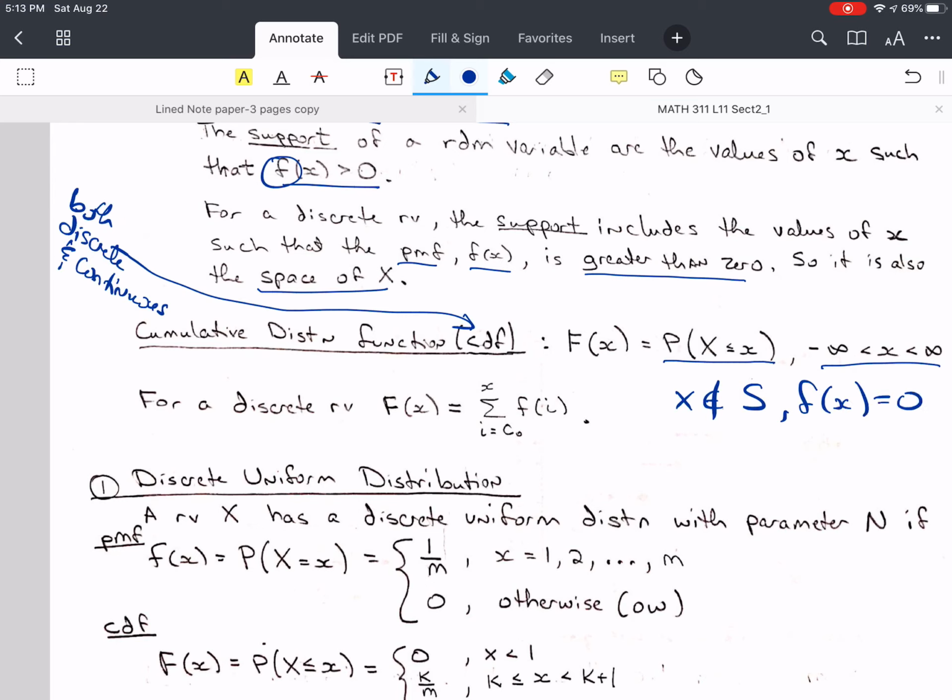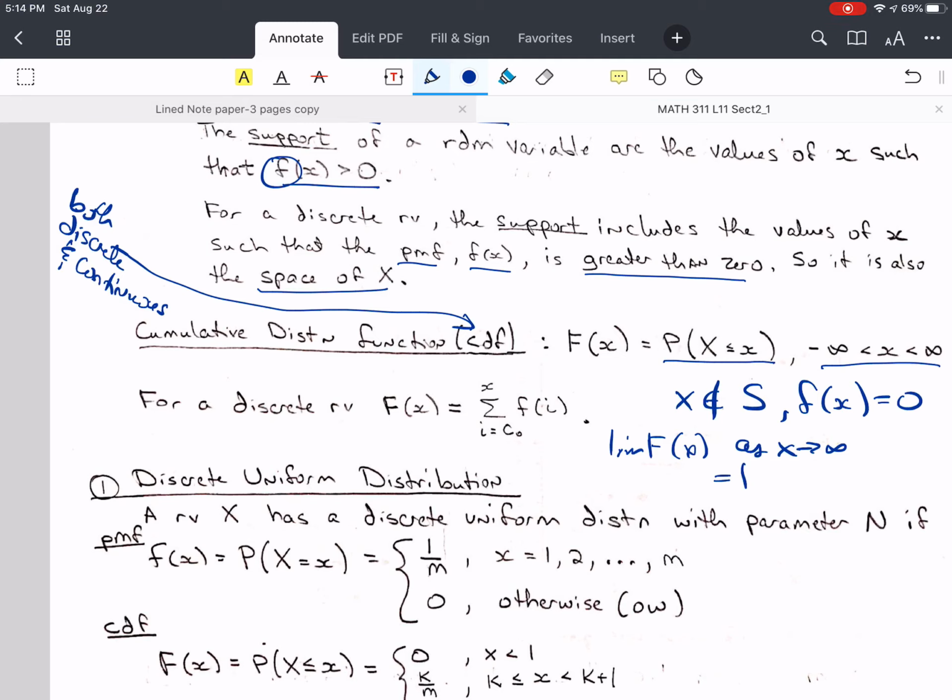And so the limit of F of x as x approaches infinity is equal to 1. So we'll see that.